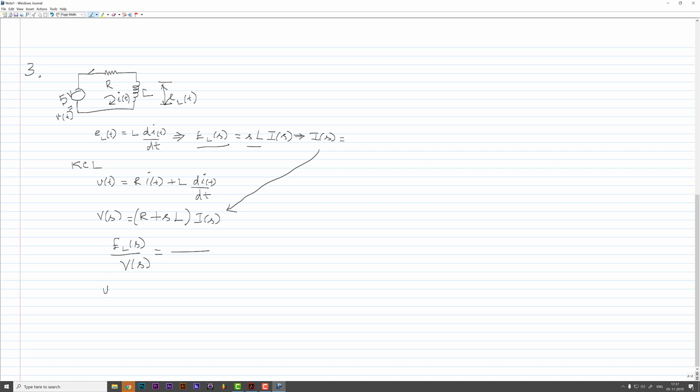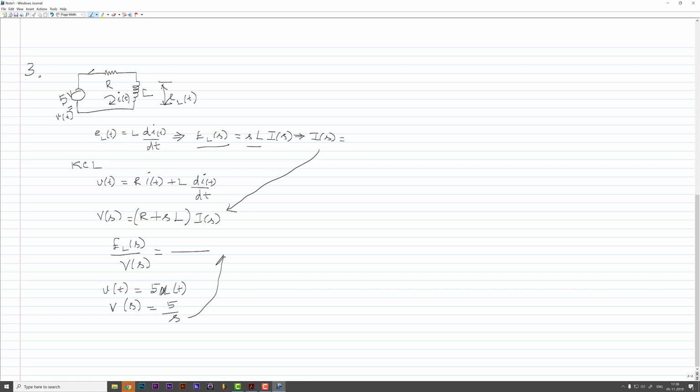Now V of t is nothing but 5 volts, and since it is applied through a switch, you have to take it as a step function with a magnitude of 5. Therefore V of s, the input, is 5 by s.